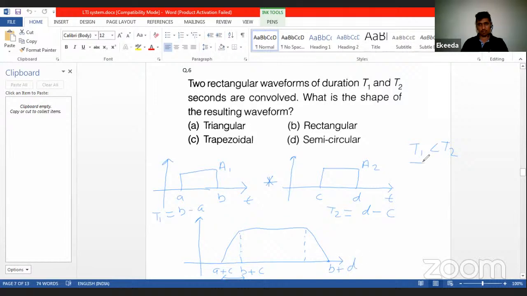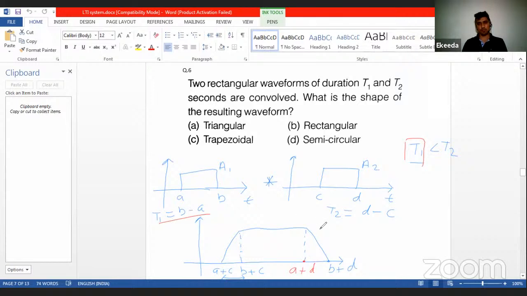This smaller duration we have to subtract from this, so I will subtract B minus A. So this will be A plus D.